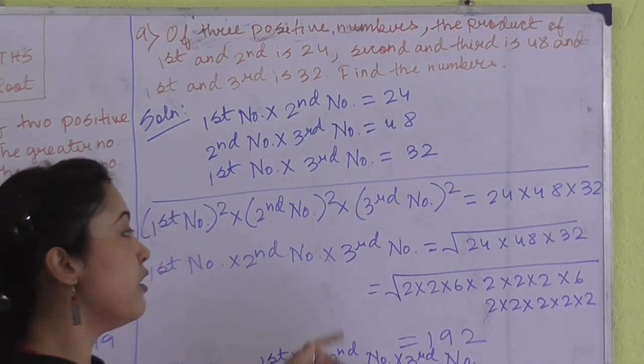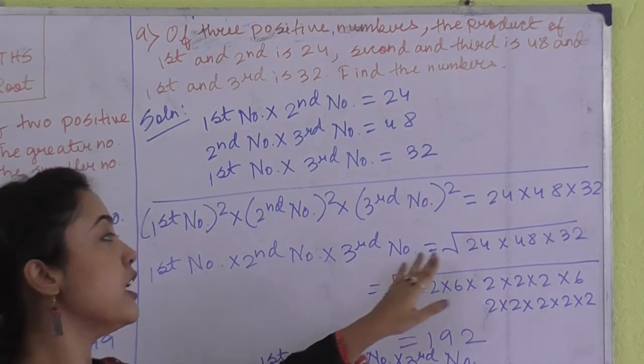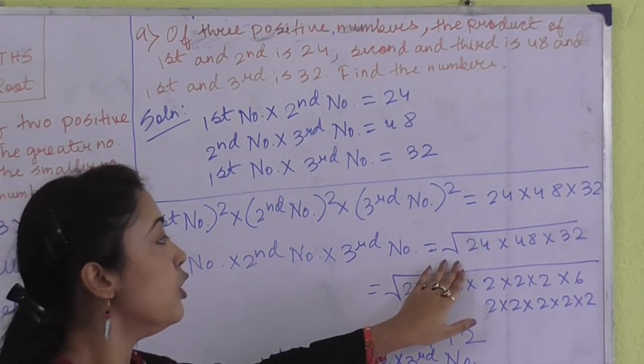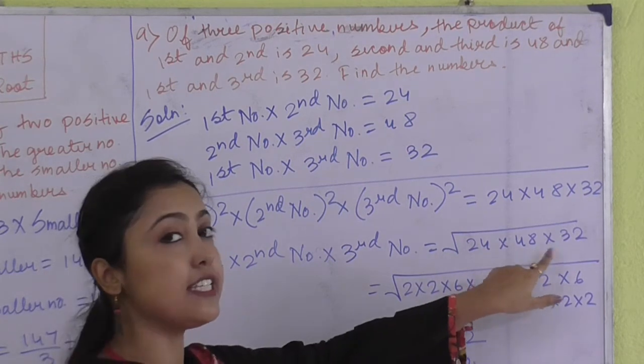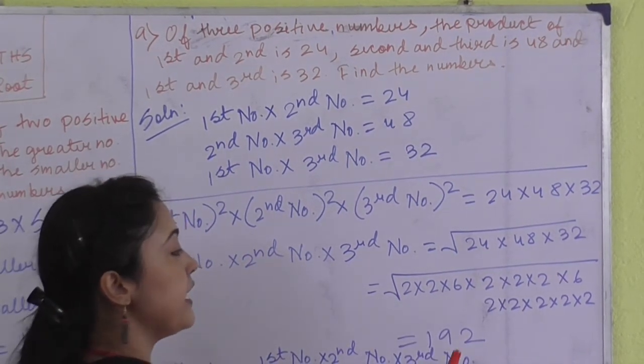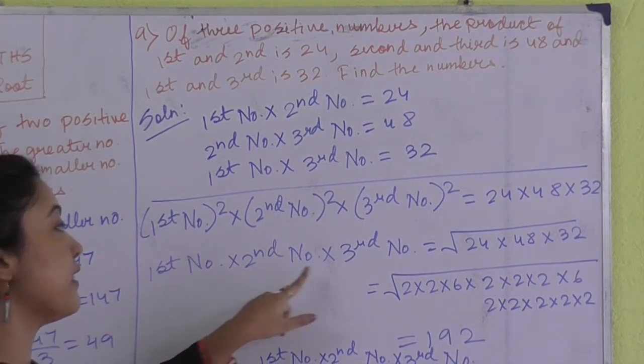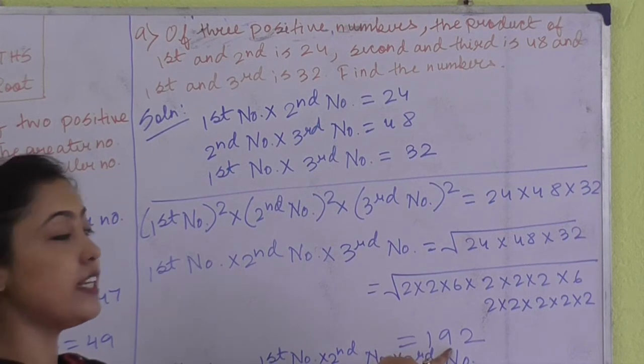So the product of the first, second and third number is equal to root over 24 into 48 into 32. Breaking the root, we get 192 as our answer. So the product of the first, second and third number is 192.